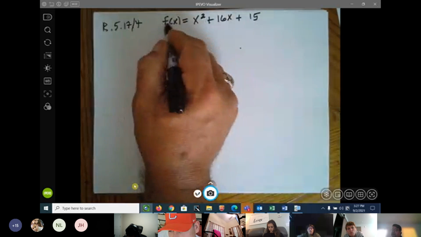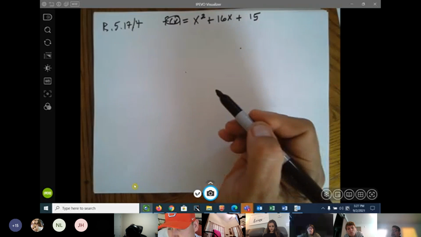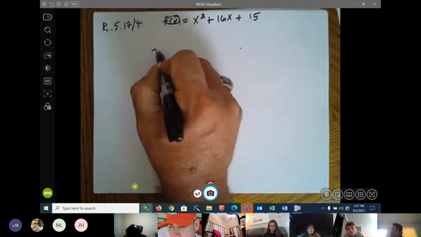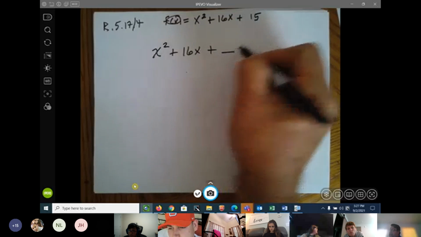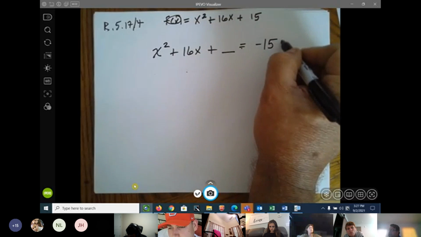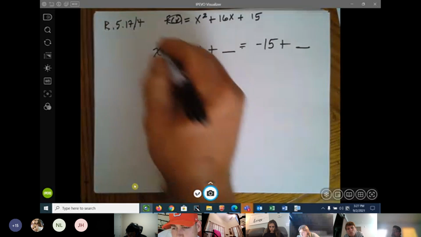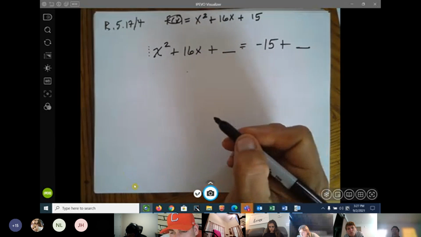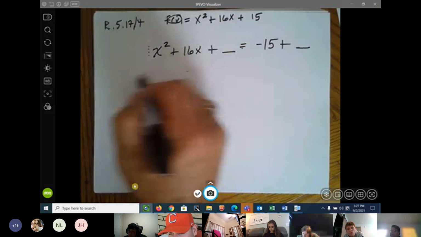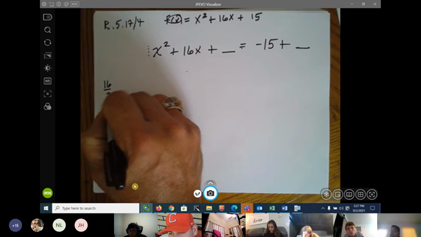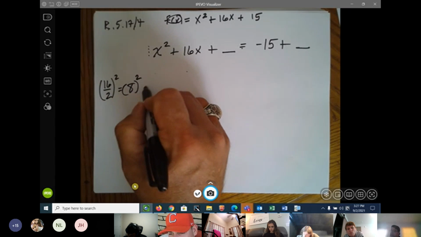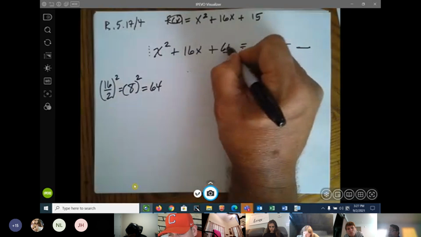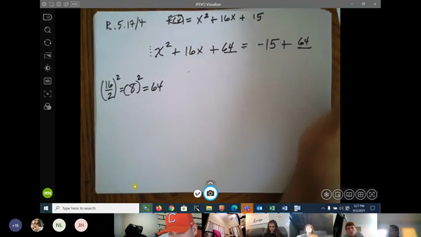So first of all, set y equals 0 because you're finding the x-intercepts. So x squared plus 16x plus blank is equal to negative 15 plus blank. A is equal to 1, so we can complete the square. Divide 16 by 2 and square it. 8 squared is 64 and 64.